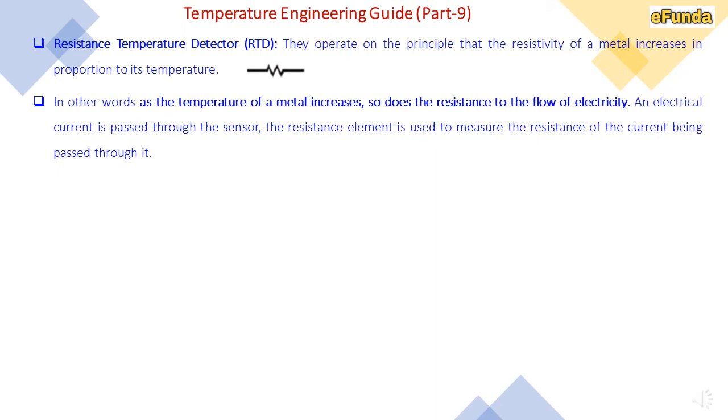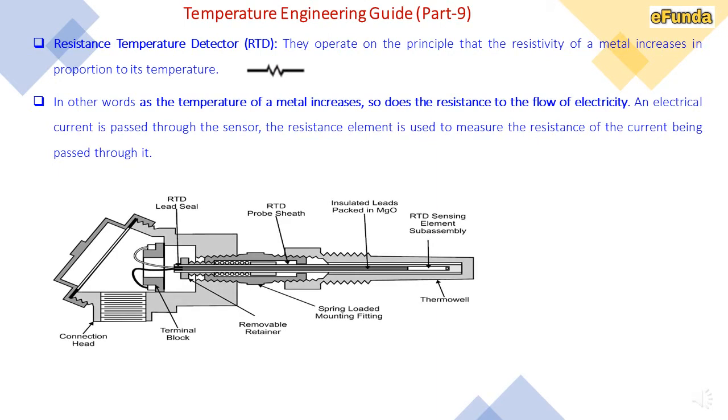A typical RTD can be seen in the figure below, where one can see the connection head, RTD lead seal, terminal blocks, removable retainer, spring loaded mounting fitting, RTD probe sheath, insulated leads packed in MgO, the RTD sensing element subassembly, and outside, the Thermowell, where the RTD is placed inside the Thermowell.